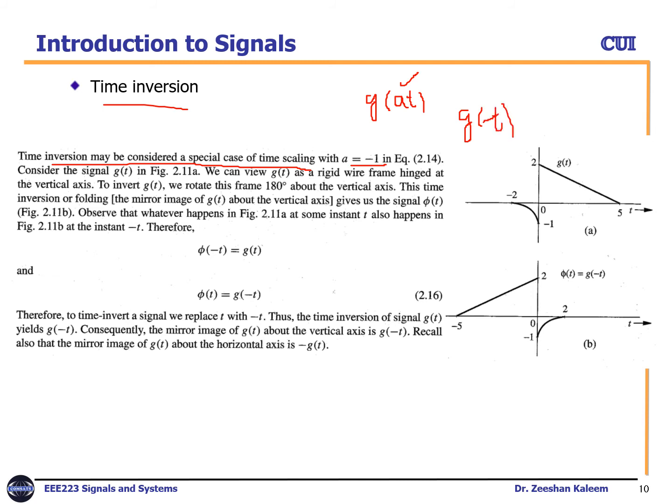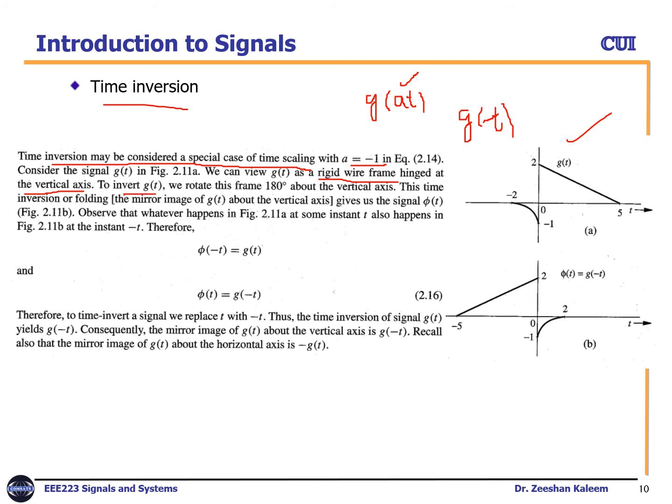So consider a signal, this one for example. We can view g(t) as a rigid wire frame hinged at the vertical axis. You can see that, for example, this is your vertical axis, this is the x-axis, and this is a frame hinged at the vertical axis.